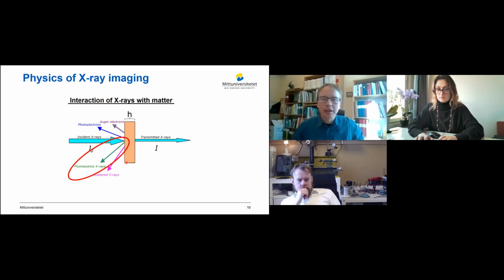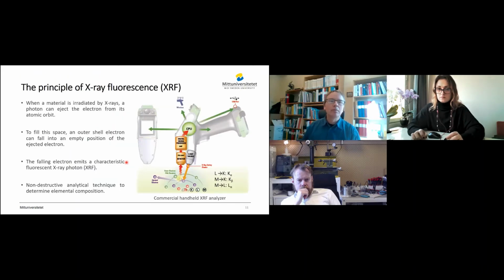For paper material, you will have a depth interaction there, but the principle of X-ray fluorescence is that you irradiate the material and you kick out an electron, so you need a higher energy than the binding energy.